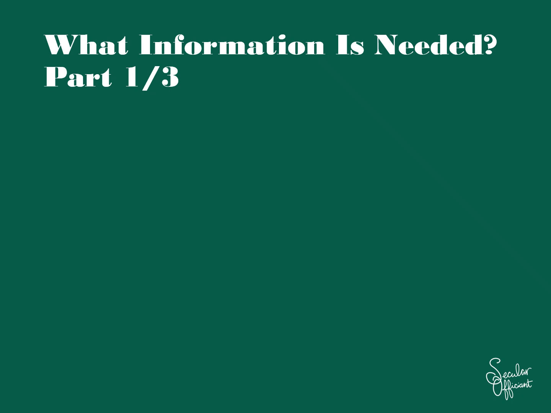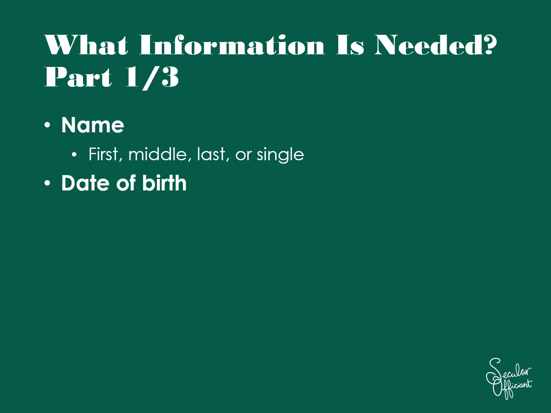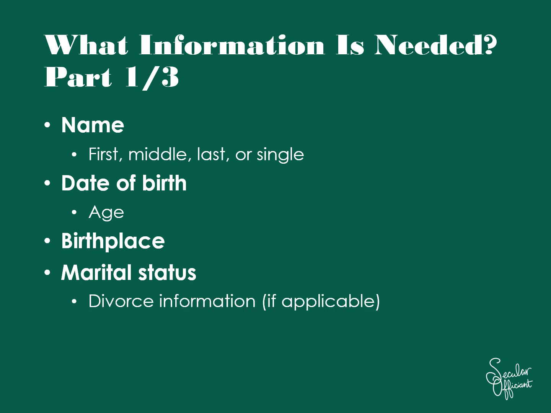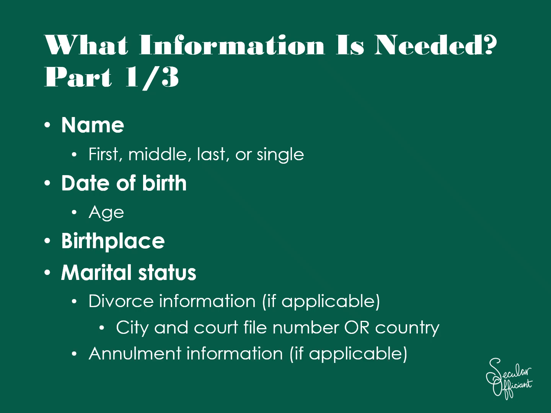You and your partner will need to provide your name, the first, middle, last, or single name, your date of birth, your age at the time of applying, your birthplace, your marital status, including the divorce information if applicable, which asks for the city and court file number or the country, or the annulment information if applicable, which asks for the city and court file number or the country.